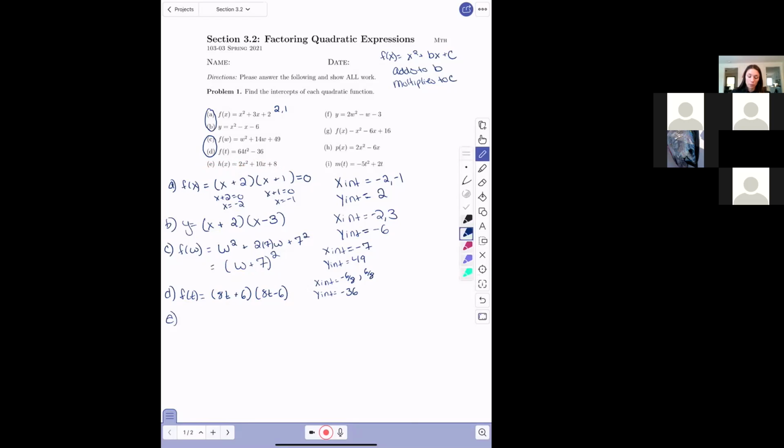So we have another number here we have to account for. When we go to do these, if we have f of x equals ax squared plus bx plus c, we need to find something that adds to b still, but multiplies to a times c.